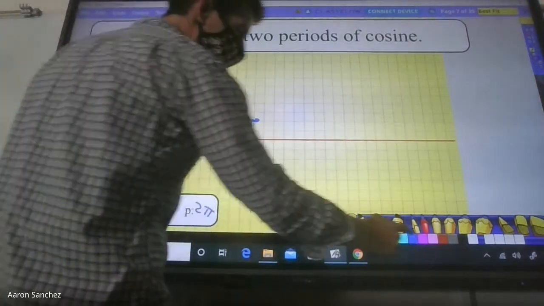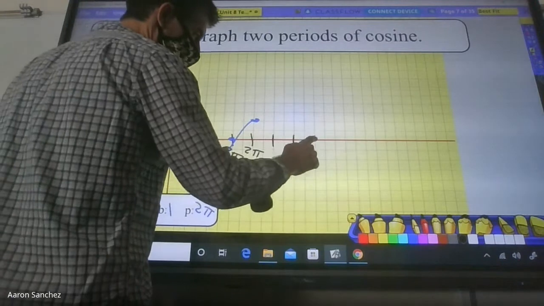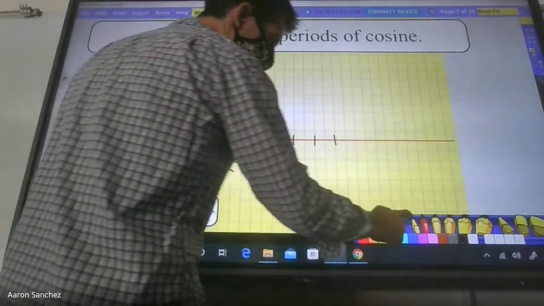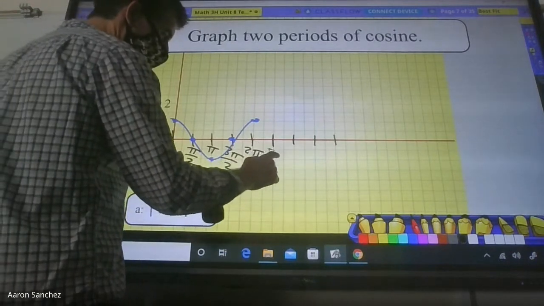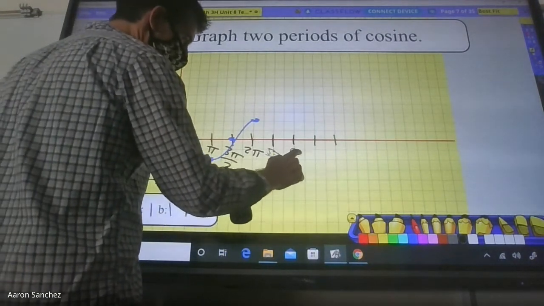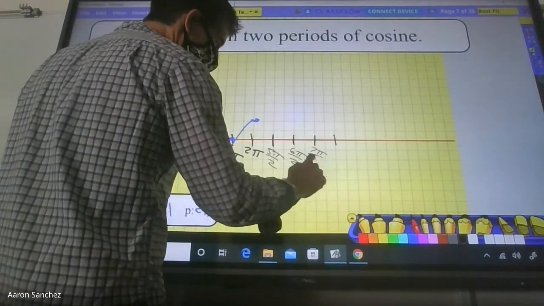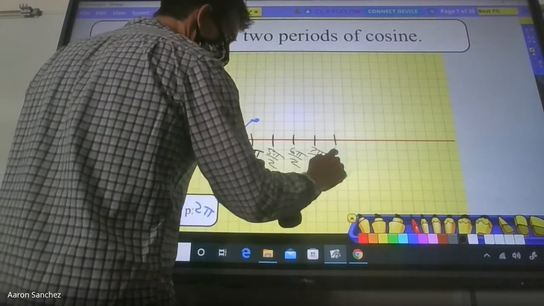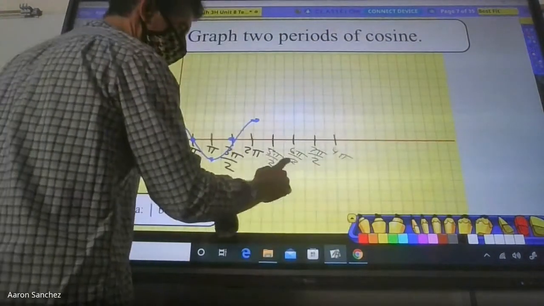Then we did our 5 key points again. 1, 2, 3, 4, 5. 3 pi over 2, 4 pi over 2, 5 pi over 2, 6 pi over 2, 7 pi over 2, and then 8 pi over 2 is 4 pi. 6 pi over 2. Why did I write that? What should 6 pi over 2 be? 3 pi.